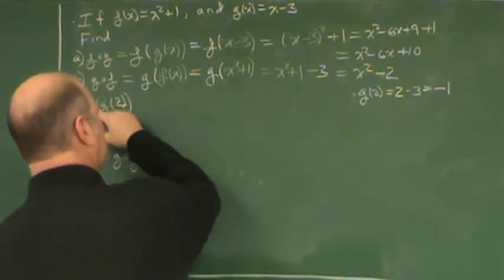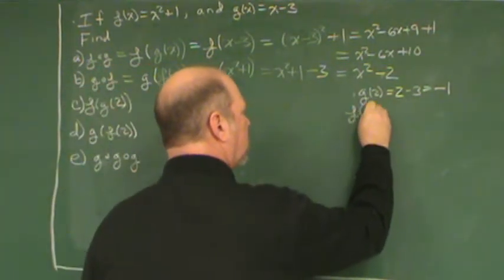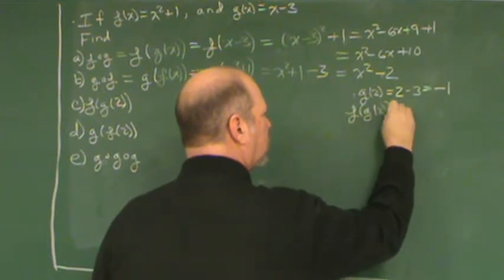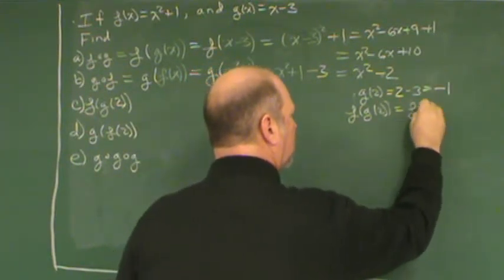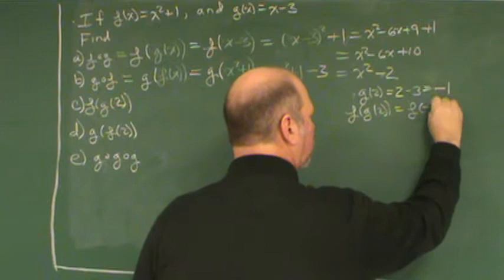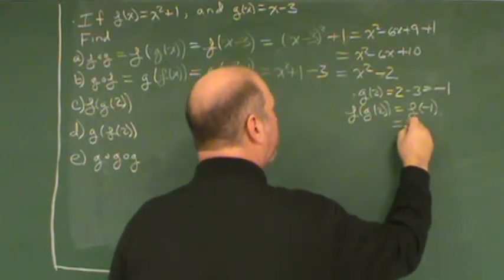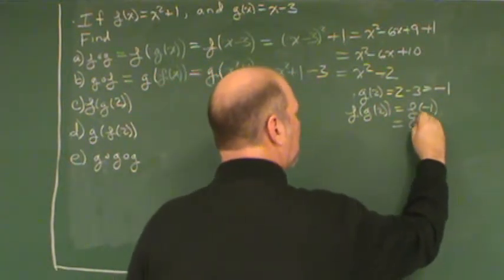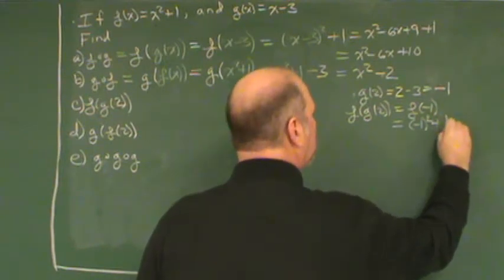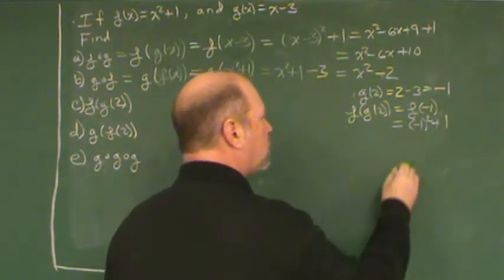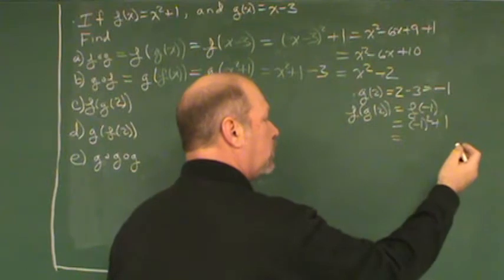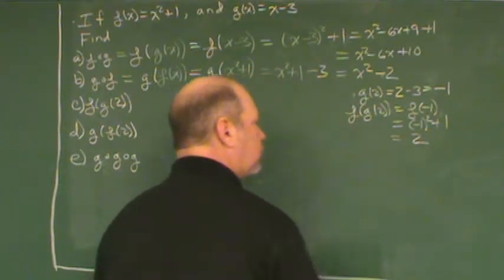And then f composed with g of 2 means f of, what is g of 2? Negative 1. That gives us f of negative 1. f is x squared plus 1. Well, negative 1 squared is 1. 1 plus 1 is 2.